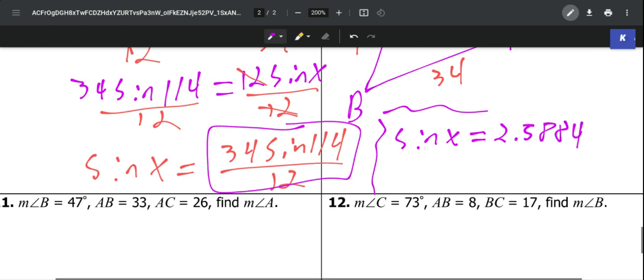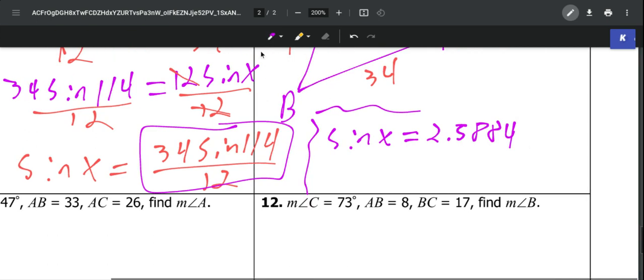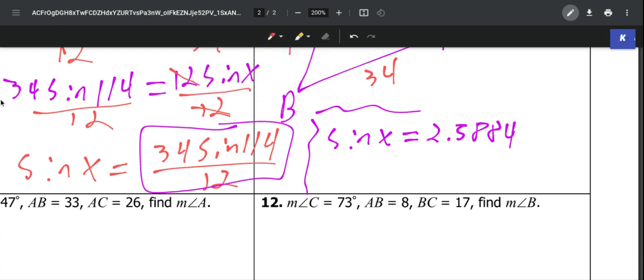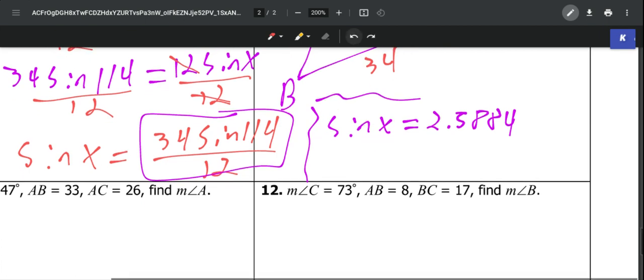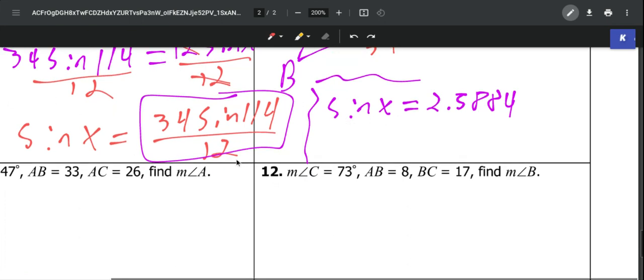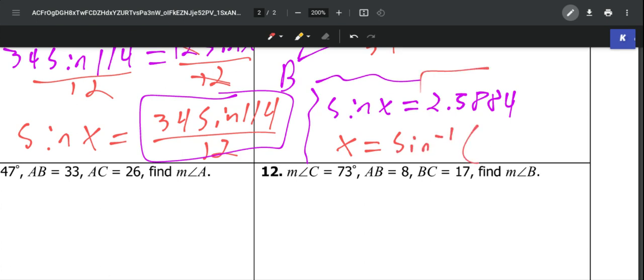2.5884. Now, just like we did in 10.2, whenever we have sine of something, here sine of x, if we don't know what's actually there for our angle measure, what we do is we set x equal to the inverse sine of whatever this is equal to.